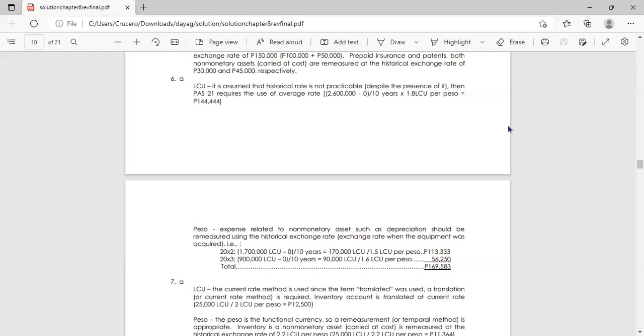The rate of exchange in effect on December 31, 2024 was 1.9 local currency units to 1 peso.